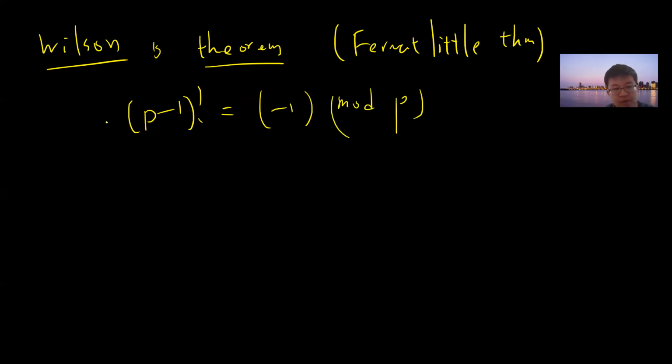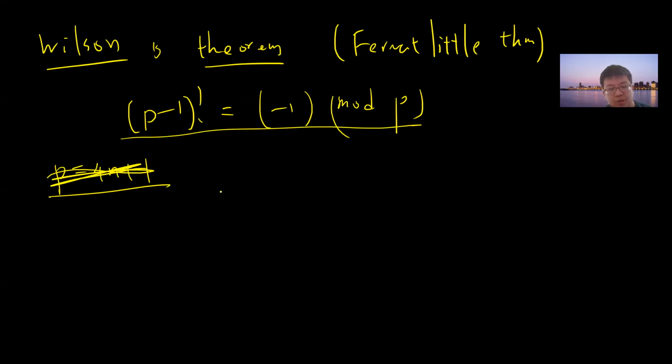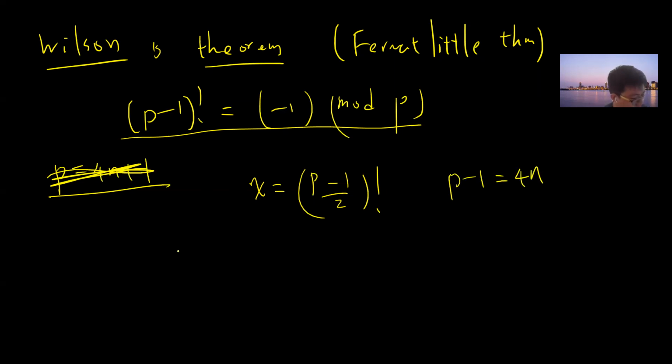Yeah, so if you believe this, and also P is 4n plus 1, right? So this is Wilson's theorem. Let's let x to be P minus 1 divided by 2 factorial, right? P minus 1 is 4n, right?